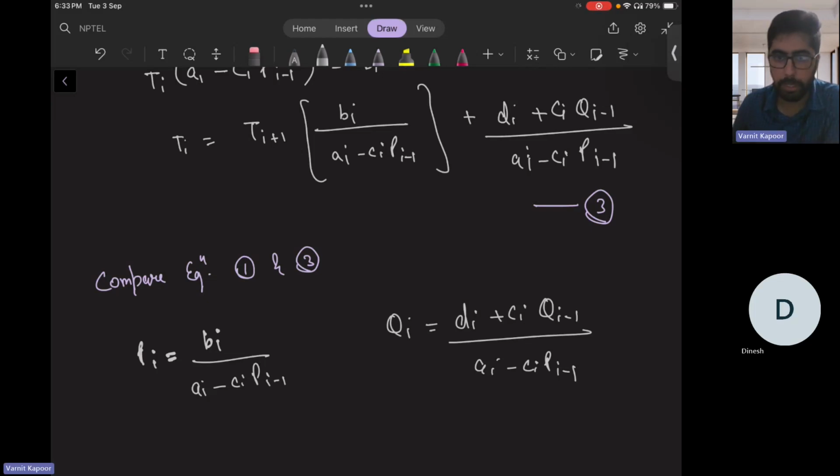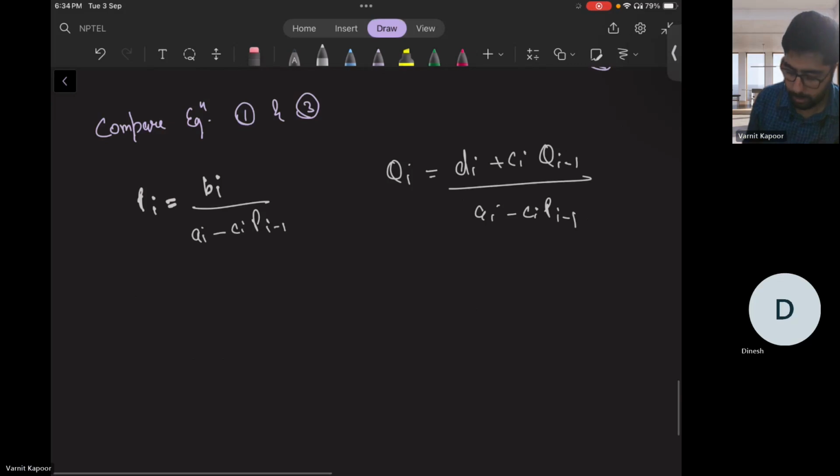So we are discussing about the TDMA scheme, Dinesh. We got the PI and QI values so far. Now it is a recurrence relation because you know PI minus 1 and QI minus 1.